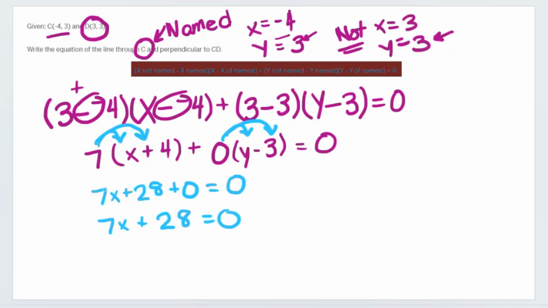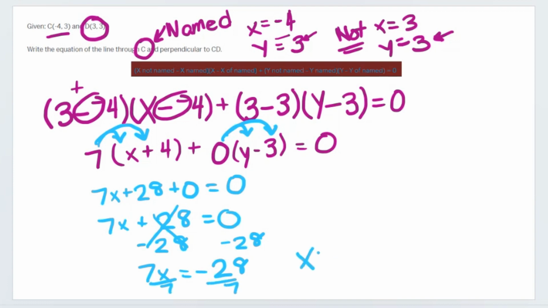And now I'm just going to continue. It says plus 28, so I'm going to minus the 28. And I have 7x equals -28. The very last step here, divide by 7. And my equation in this one is left just with x equaling -4.